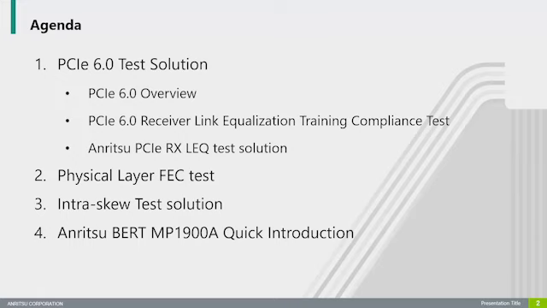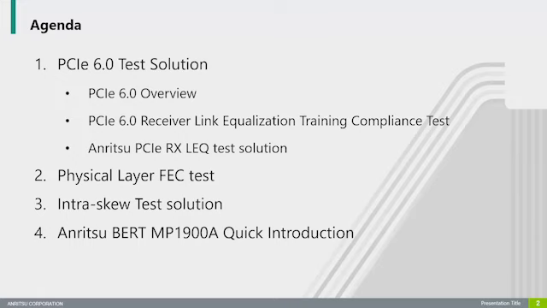Then, a quick introduction of NRZ PCIe receiver link equalization test solutions. Then, I'll talk about the physical layer test solutions for error correction. Then, the intra-pair skew test solution. And on the last page, a very quick introduction of the NRZ BERT MP1900.